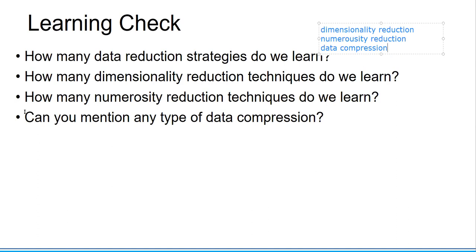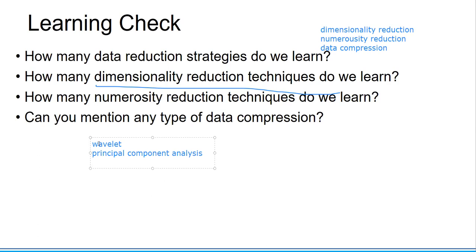There are some methods that we learned. The first is the wavelet transformation. And then we used principal component analysis. And then we applied feature selection, with feature subset selection. And we can also use feature creation.